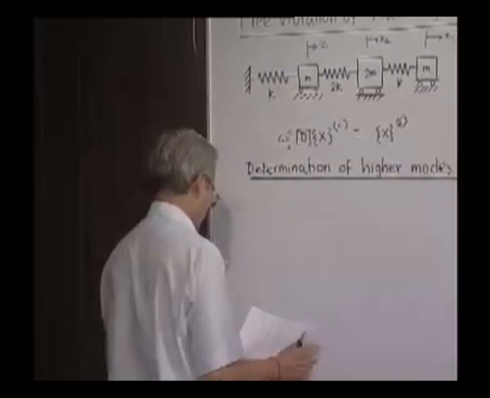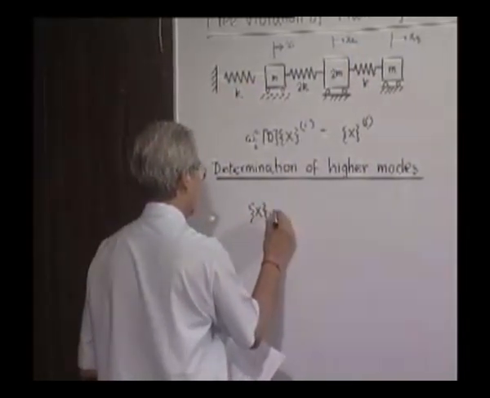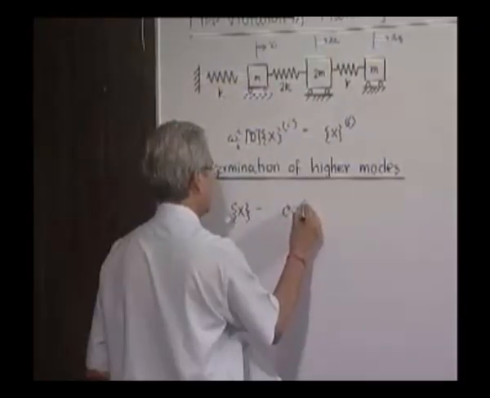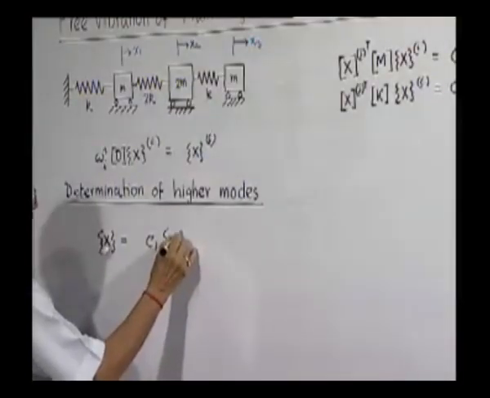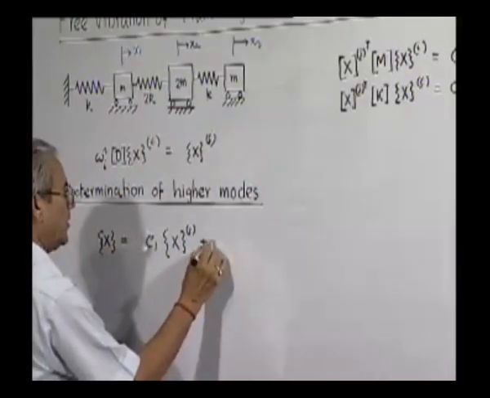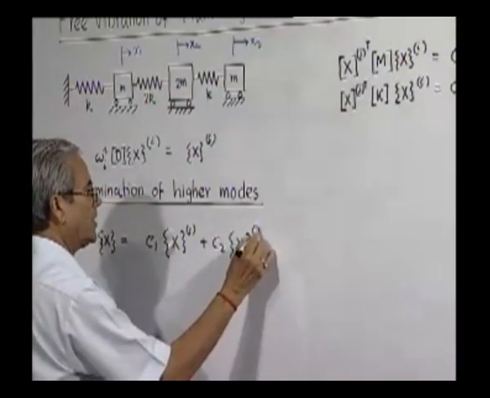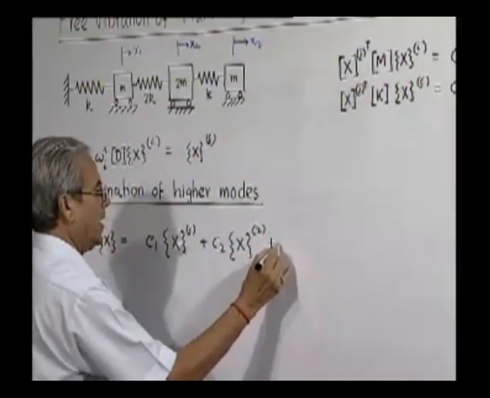Now, any mode we assume can be expressed as C1 into the first mode shape, as I have mentioned just now, C2 into the second mode shape, and so on.